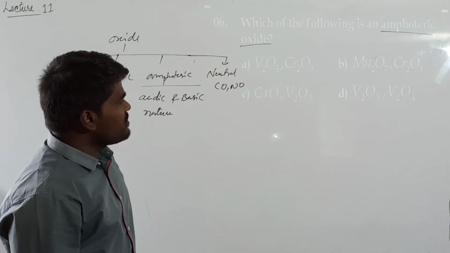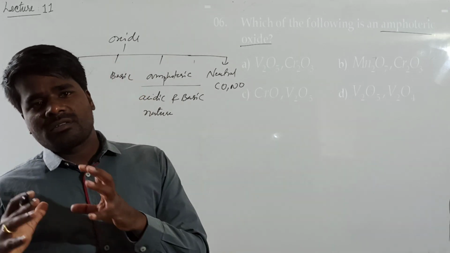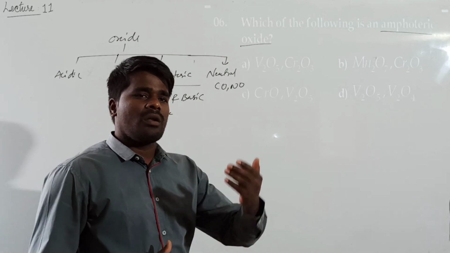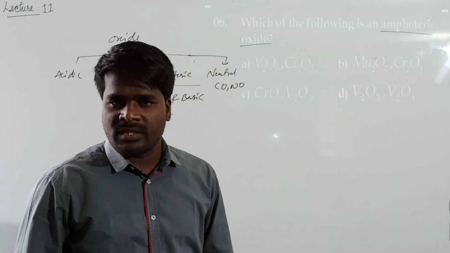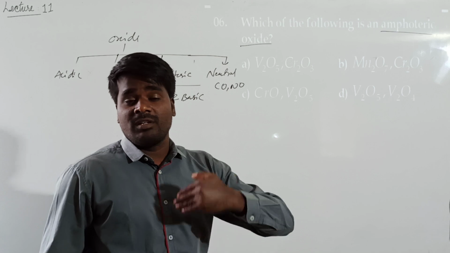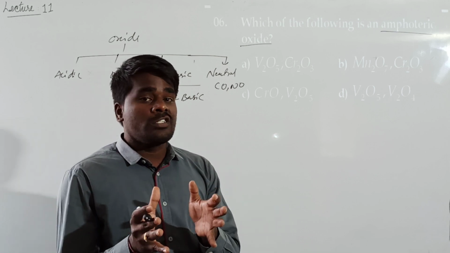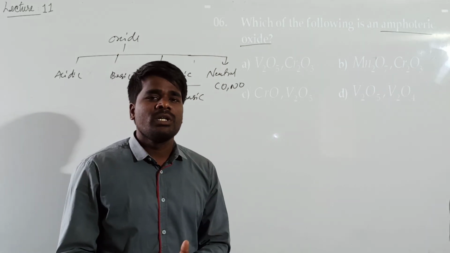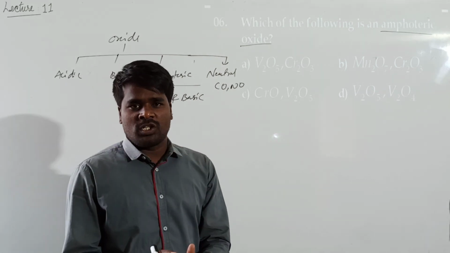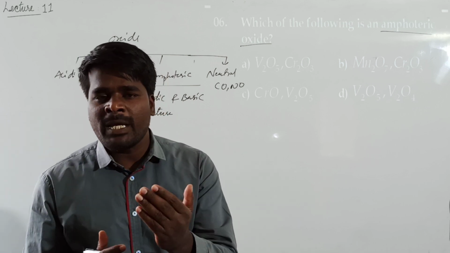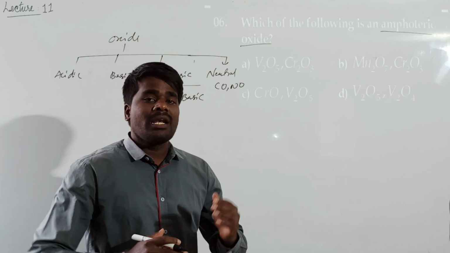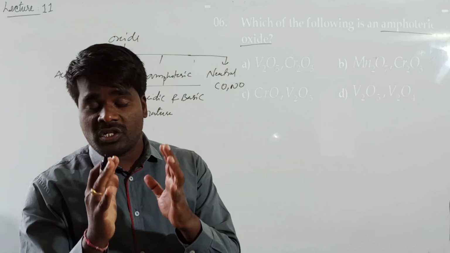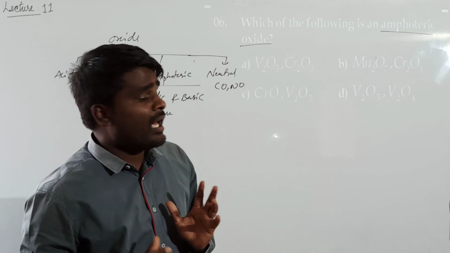Among the given options, for oxides of transition elements, in the lowest oxidation state they will be basic, in the highest oxidation state they will be acidic, and in the intermediate oxidation state they will be amphoteric in nature. This is a very important point you need to remember.